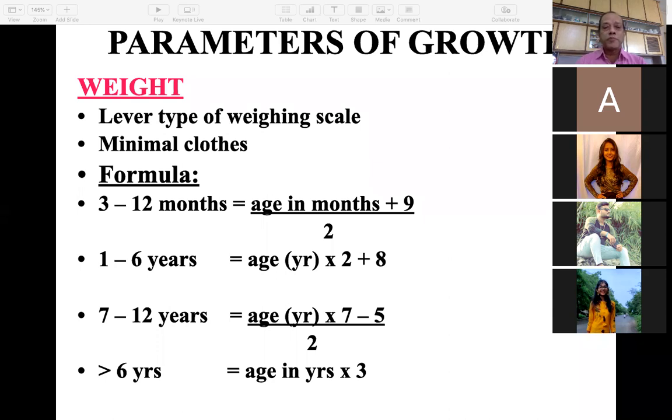Now, how to remember the formulas? There may be different formulas in different books. Here also I have given 3 or 4 formulas. You can remember these. And after 6 years, the simplest formula is age in years into 3. So after 6 years of age, you just multiply the age by 3, and then you will get the expected weight of the child.